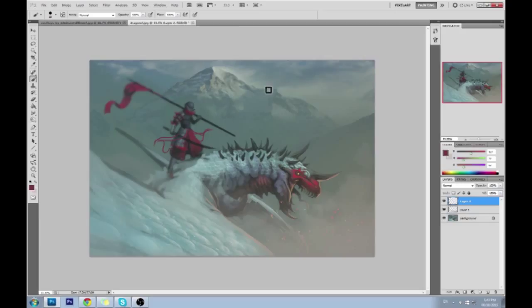We should be seeing, like I showed you before, a more momentum-ready kind of position. He's ready to take the blow, or he's trying to balance, or he's trying to deal with the force of the upward movement of the dragon, like when you're on a roller coaster and you get moved around.